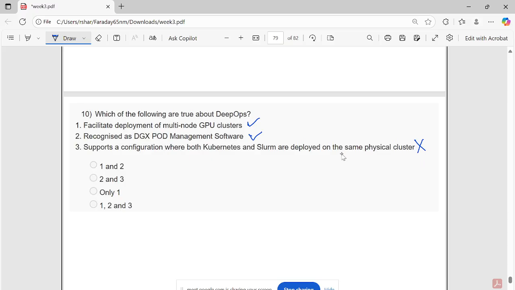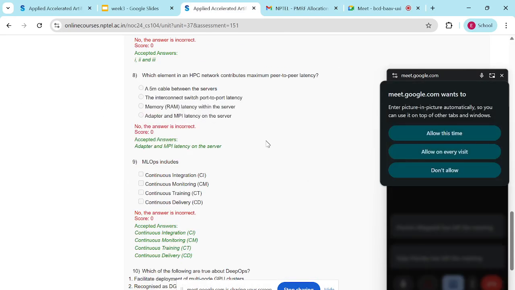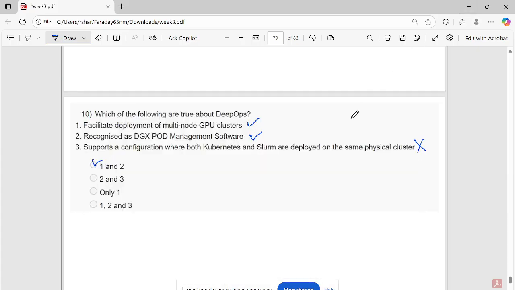So, one. This is my understanding. It can be technically possible with heavy customization, but DeepOps doesn't natively support or recommend this configuration.